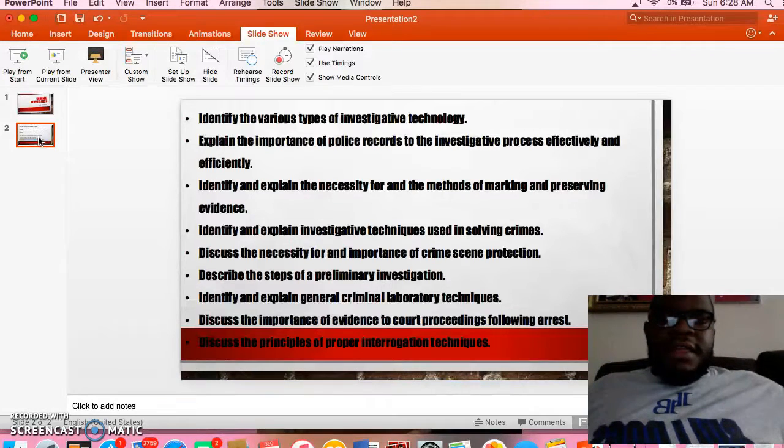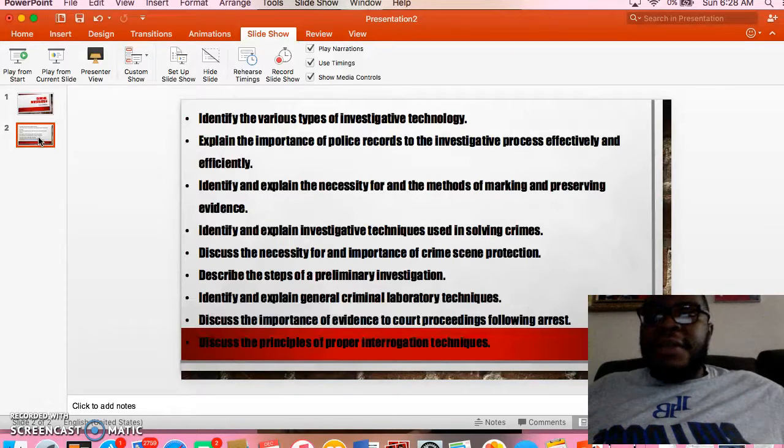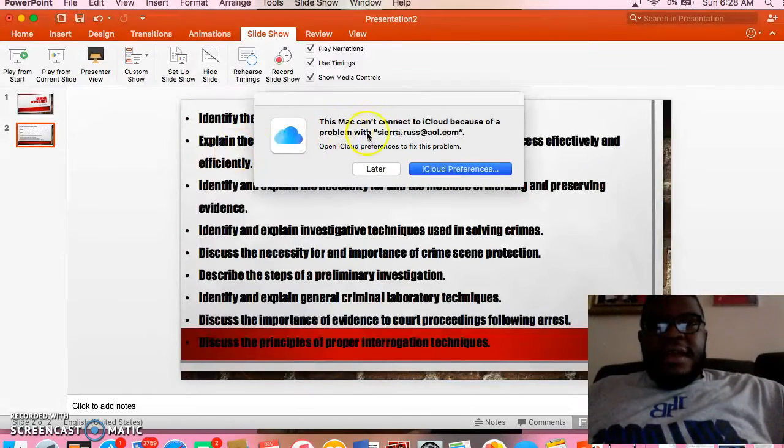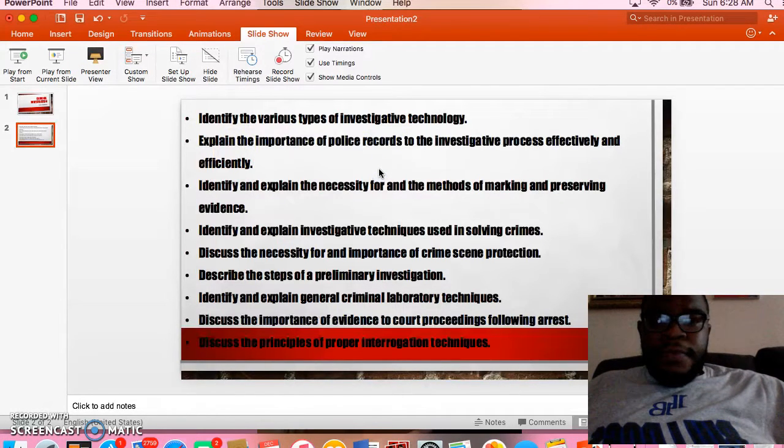So when taking reports, you want to make sure that you're very thorough. You want to start your reports from the time you get the call until the investigation is over. You're going to want to put in details of the suspect, details of the victim, what exactly happened between the victim and the suspect.